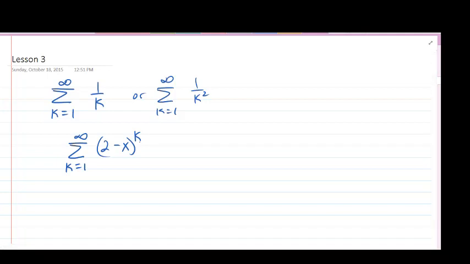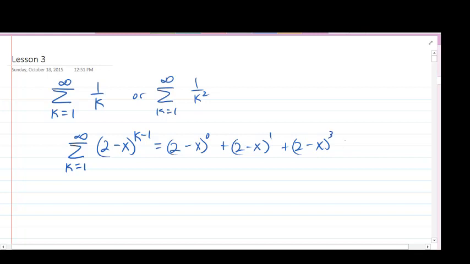So if we started expanding this, it would be something like, let's do k minus 1, (2 minus x) to the 0, plus (2 minus x) to the first, plus (2 minus x) squared, plus (2 minus x) cubed, plus dot dot dot.